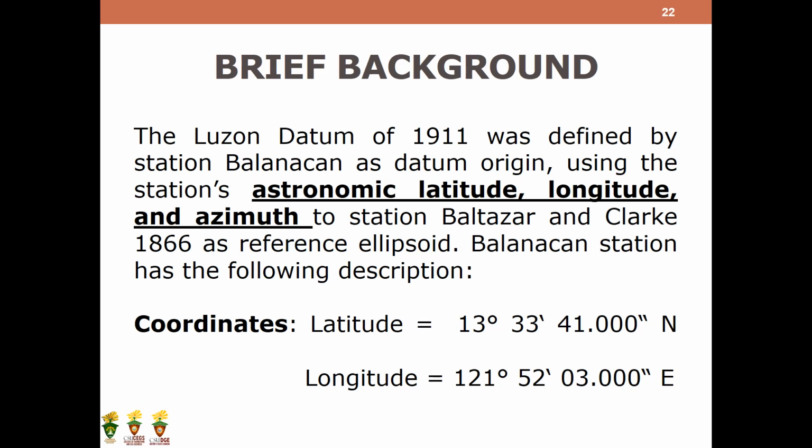So the Balanacan station has the following description. These are the coordinates of Station Balanacan: latitude 13 degrees 33 minutes 41 seconds, and longitude 121 degrees 52 minutes 3 seconds.